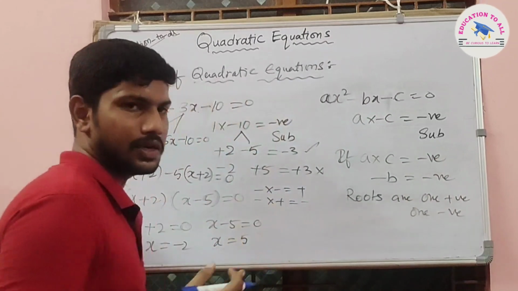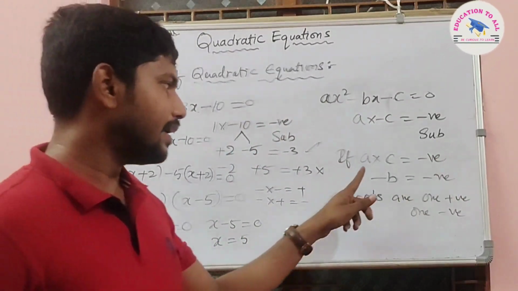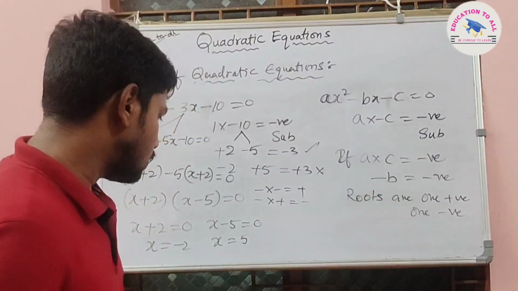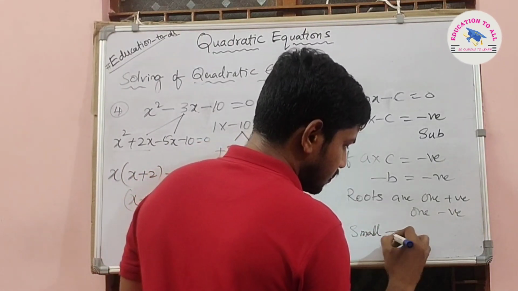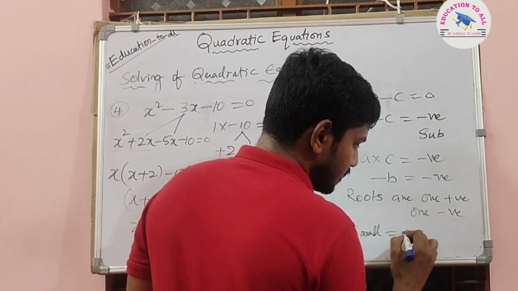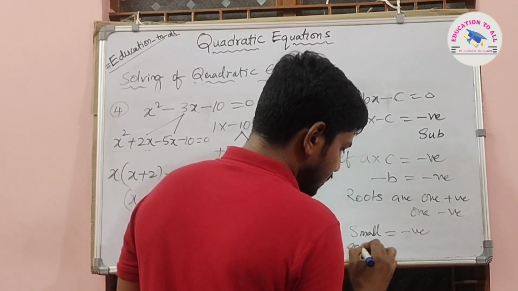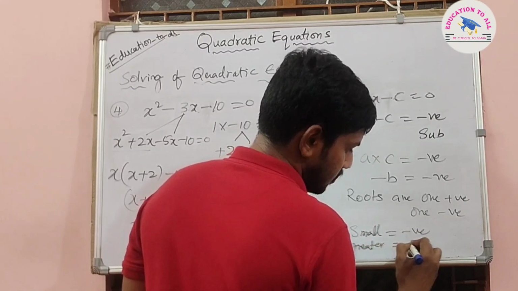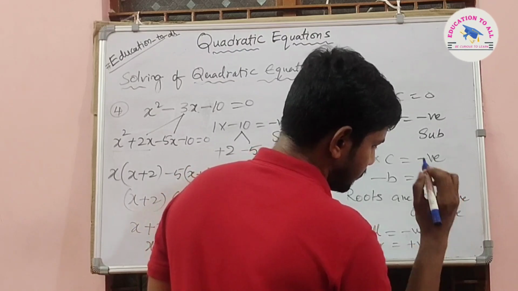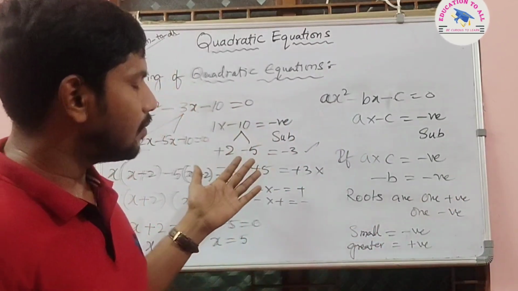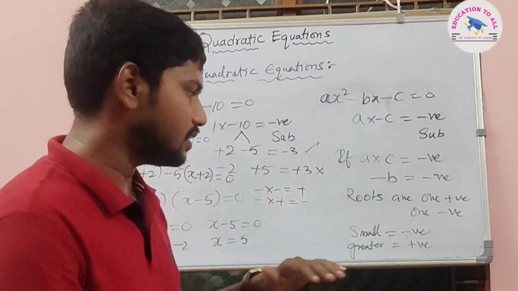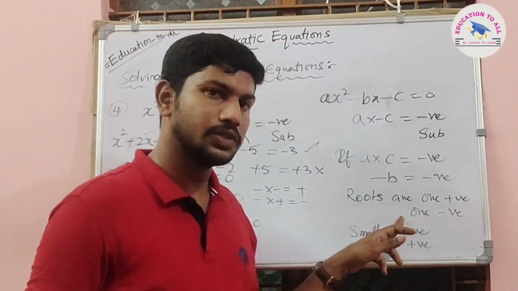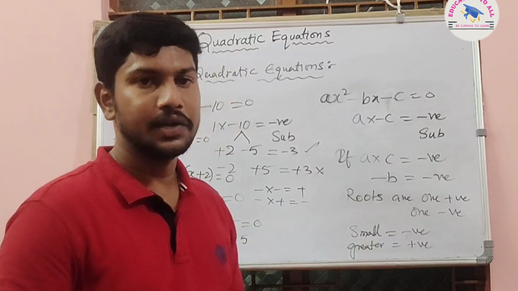Now if b is negative, the small number is negative and the greater number is positive. In the previous example, if b is positive, it is the reverse of this. The small number is positive and the greater number is negative.